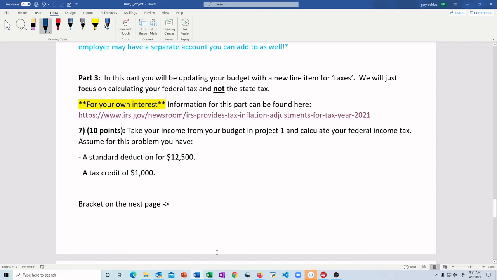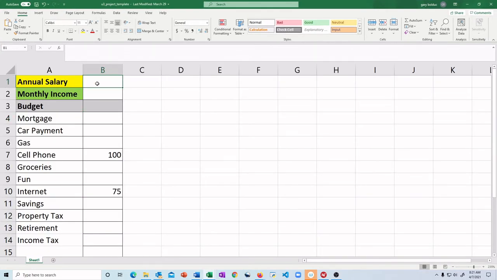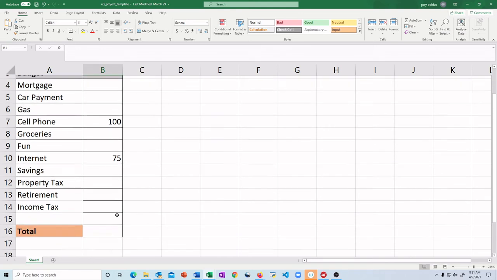And what else? Well, you have an income already. So you had an income from Project 1. Bring that income over from Project 1. That's the income that you're going to be using in that calculation. Now, I will just add that we've added a lot of stuff in here.